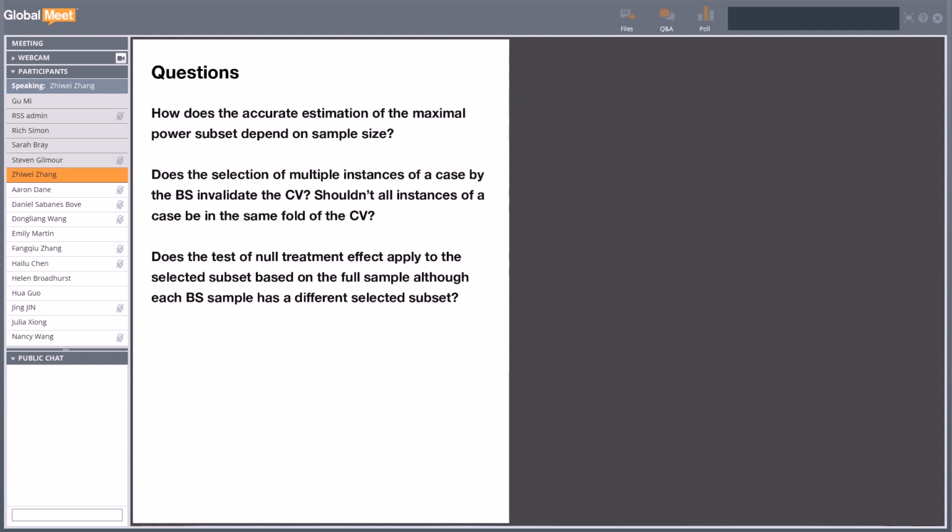I haven't looked at it in a simulation study, but I would expect a larger sample size to help with the estimation of the optimal subset. Estimating the optimal subset for any objective function involves first estimating the objective function for each fixed subset and then maximizing the estimated objective function.